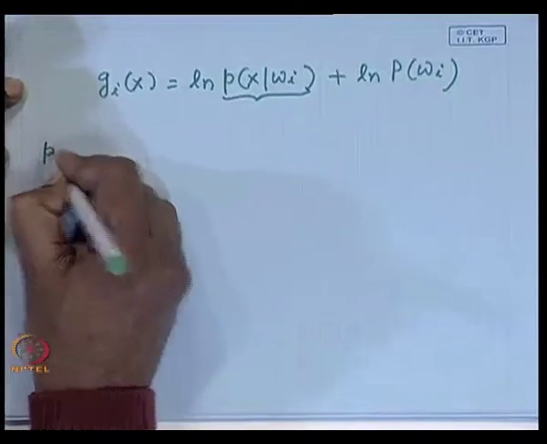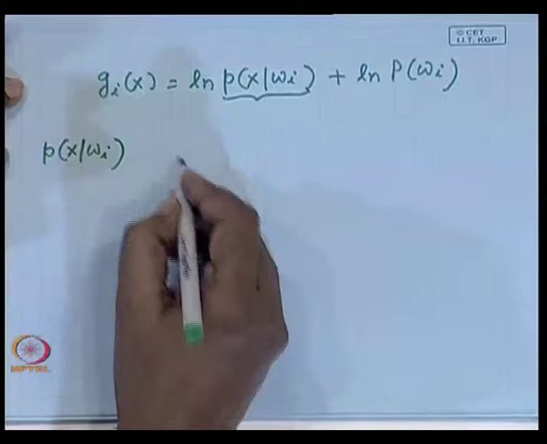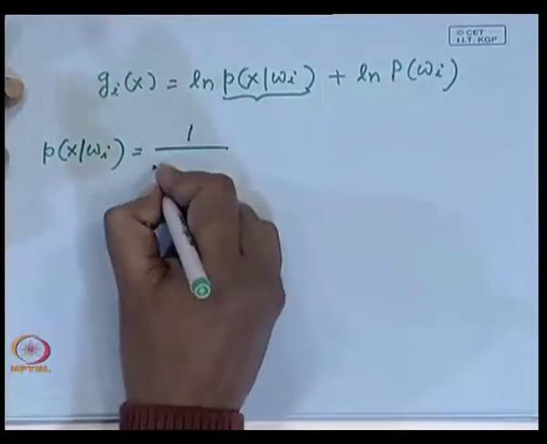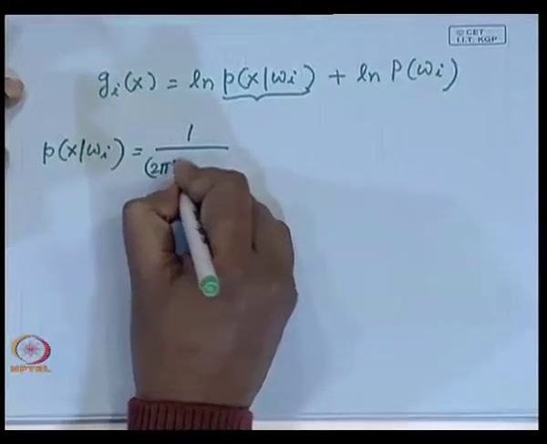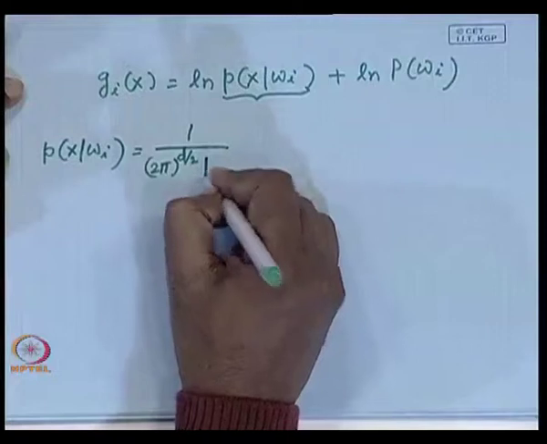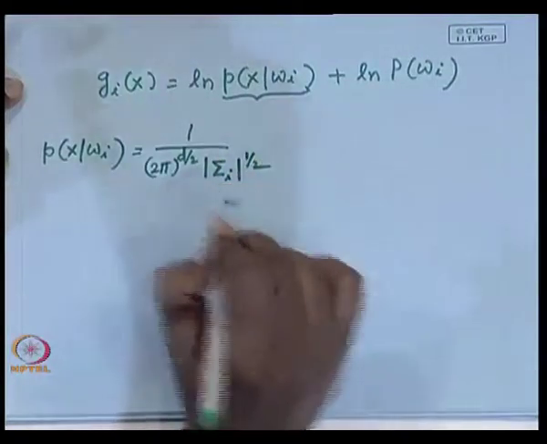Okay. So, the expression for the probability density function, if I write p(x given omega_i), it is nothing but remains the same expression, 1 over (2 pi) to the power d by 2, then determinant sigma_i to the power half. Okay.